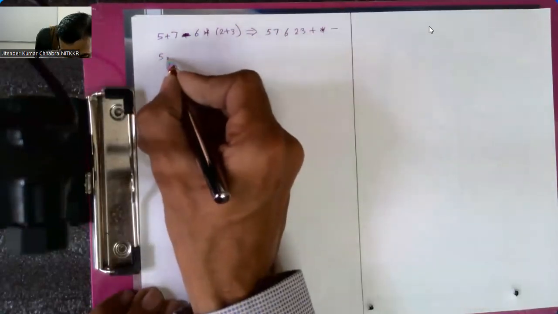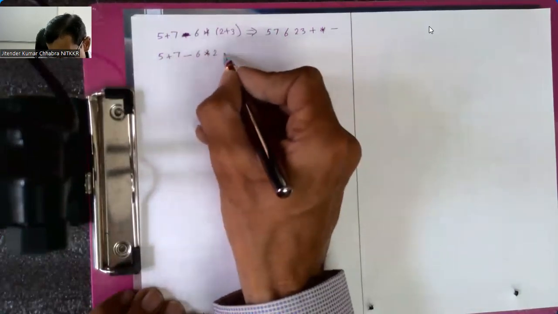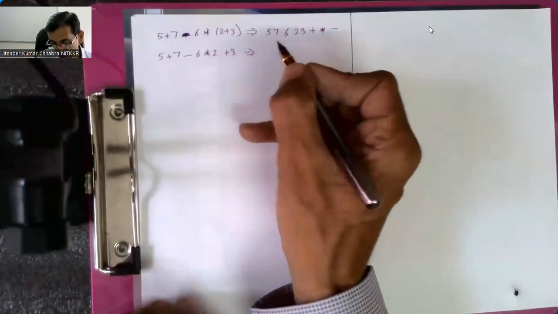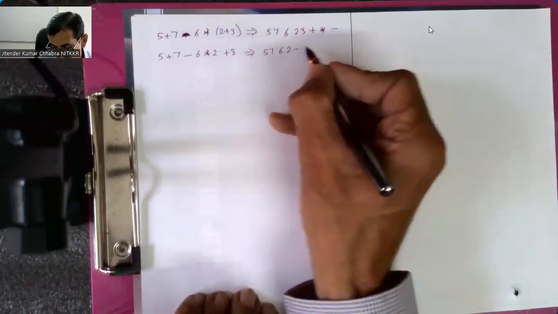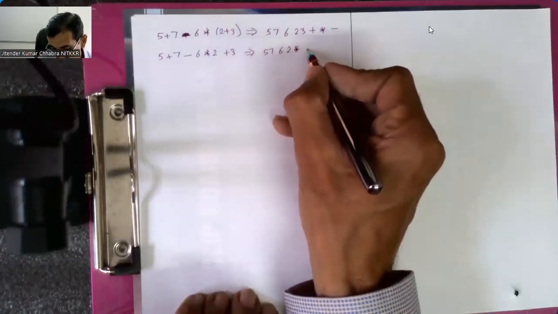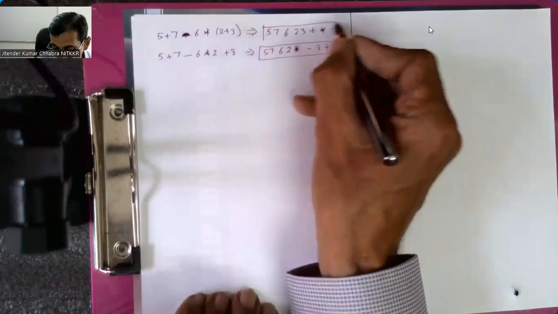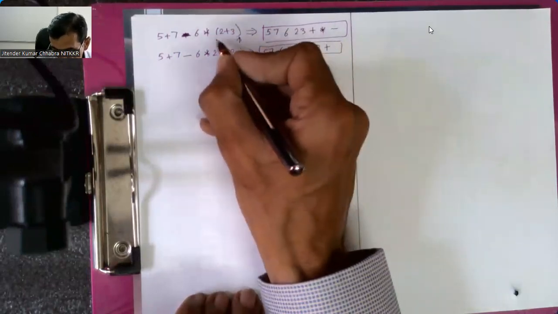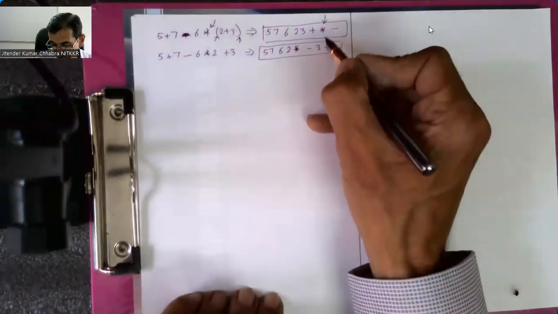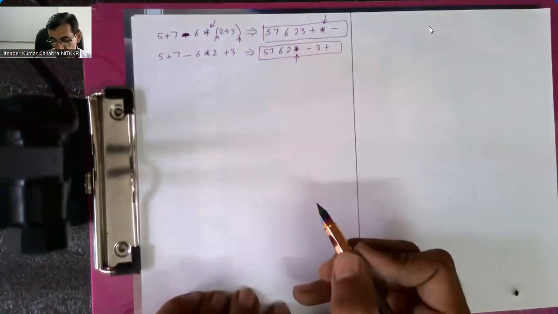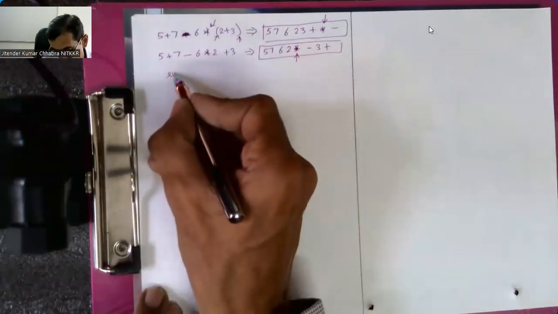But if my expression was, let's say, 5 plus 7 minus 6 star 2 plus 3, of course its equivalent postfix will be different, which will be 5 7 plus 6 2 star minus 3 plus. How it will come, we will see later. But that guarantees that whatever ordering of operators you wanted to ensure in the infix, the same has been reflected properly into the postfix.